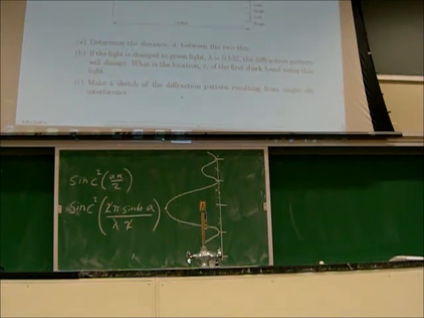So pi, 2 pi, 3 pi, 4 pi, 5 pi, etc. Good question. Is that sine theta A or uA? u. We introduced this when we did the Fourier transforming class. u is a constant, u is 2 pi over lambda times sine theta. So that's where the 2 pi sine theta in the numerator appeared and the lambda in the denominator.